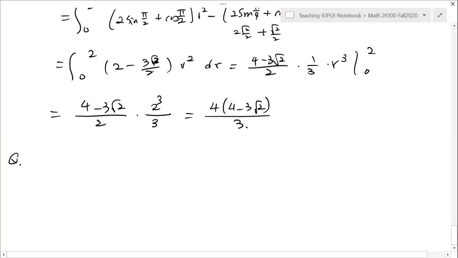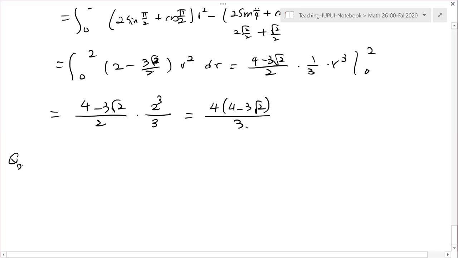Use a double integral. Let me give you a good example. Okay, let's do this one.